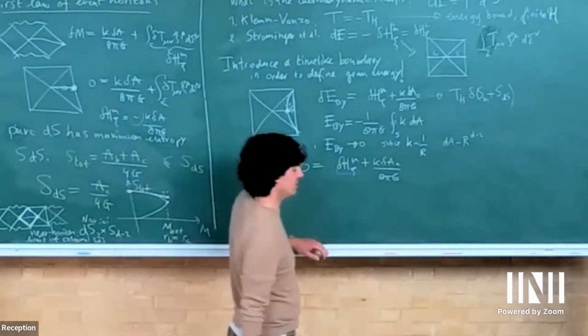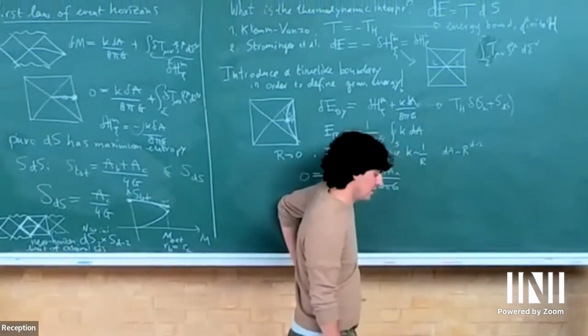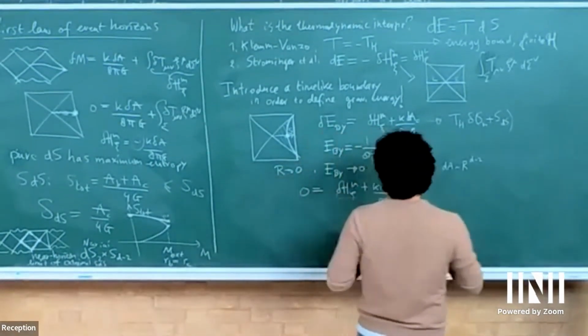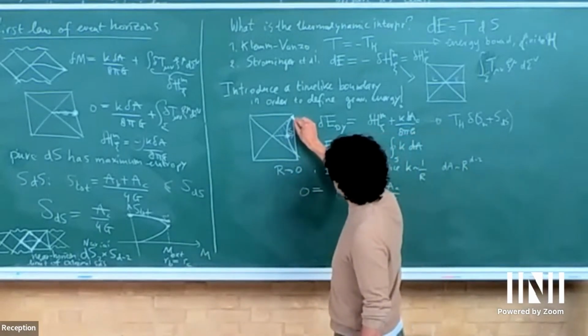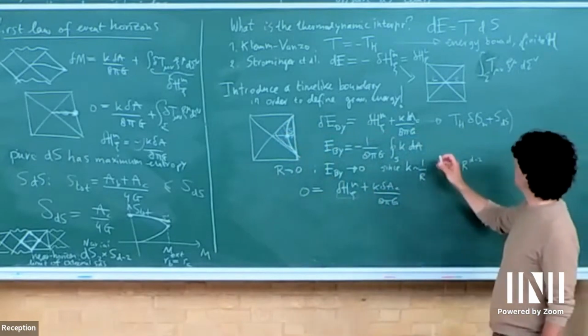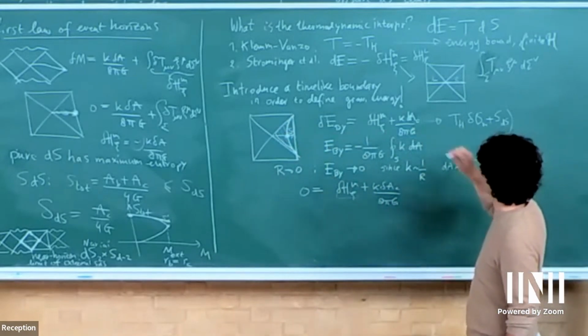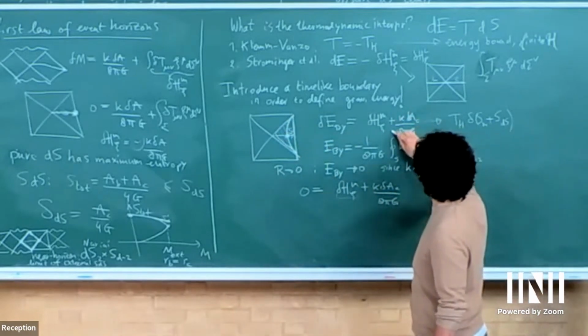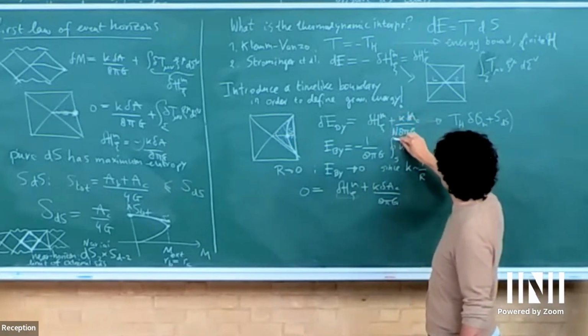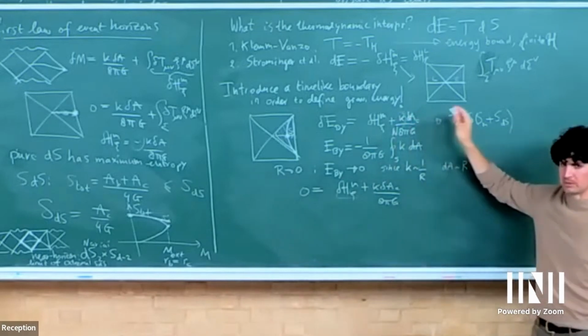Yes, okay, it's also a good question. We'll come back to that later, but if you take it very close to the horizon, there is actually a factor N here. So this is actually related to the Tolman temperature.